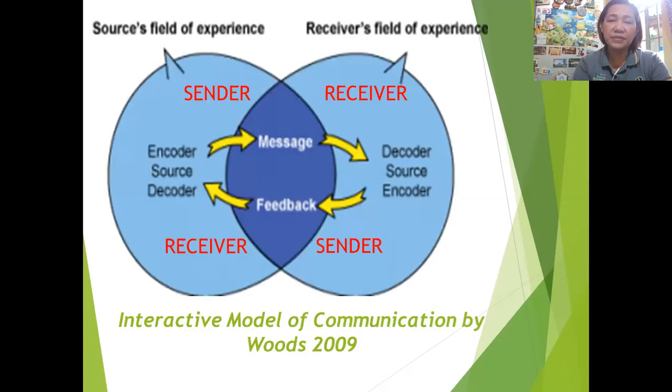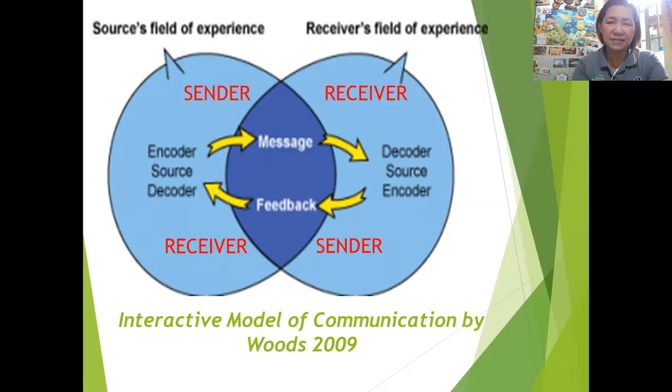Also, according to Woods, in his conceptual framework, there are 2 interacting agents in the interactive model of communication, and they are the sender and the receivers. This sender and receivers, the interacting agents, have different sources or fields of experiences. At first, the sender is the author of the module, and that's the teacher. And the receivers are the students.